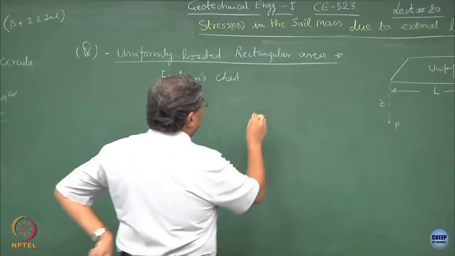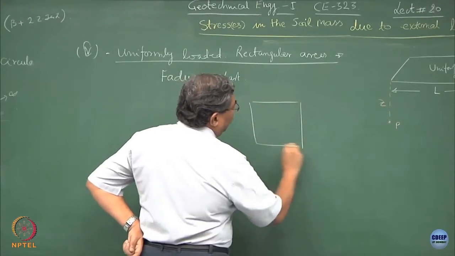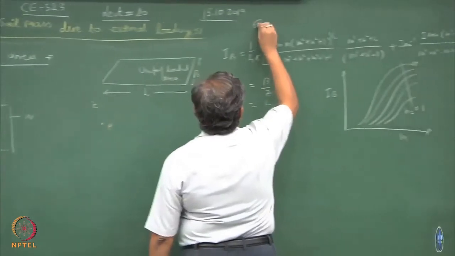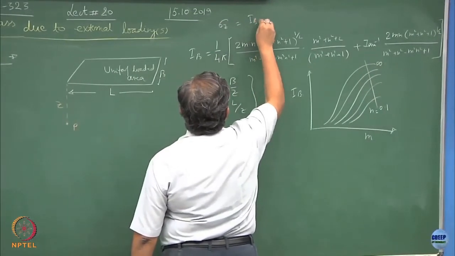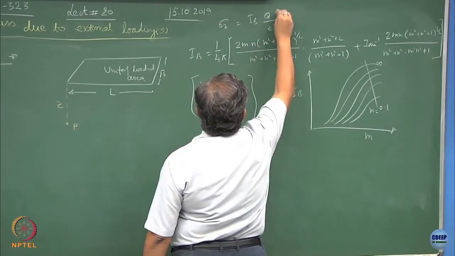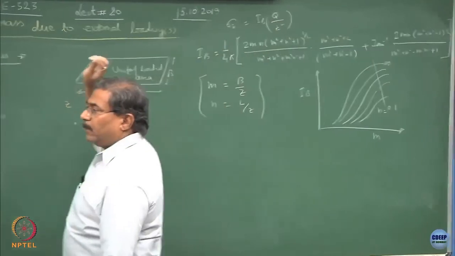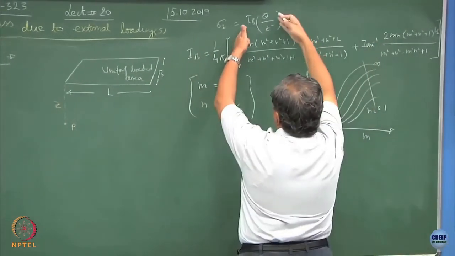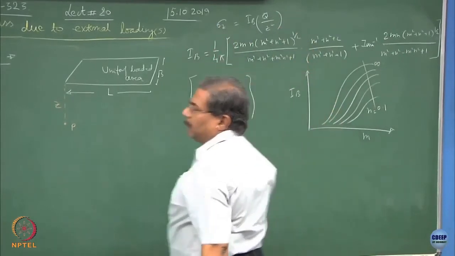Suppose this is the plate, or this is an area where Q is known. I hope you remember that sigma z will be equal to IB into Q by Z square, clear. So, the moment you get IB from these charts or this equation, just substitute over here, and you get the value of sigma z.